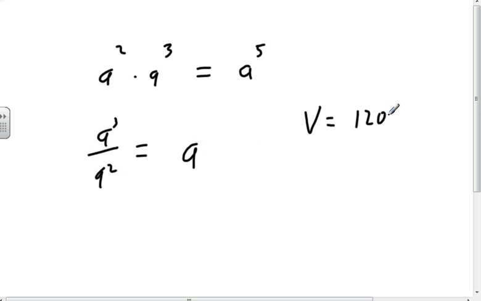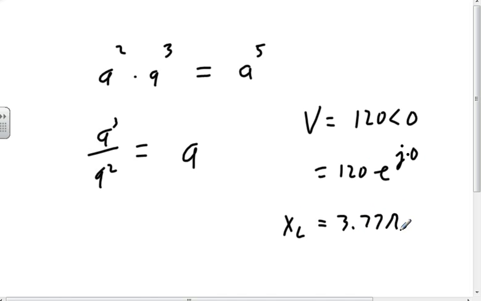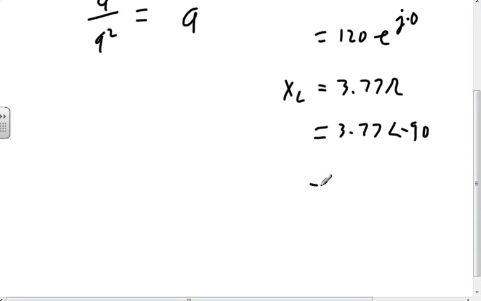So if I have some voltage that's 120 at angle 0, I can think of that as 120 e to the j 0, where e to the j is some exponent. If I have some X of L that is 3.77 ohms at angle minus 90, that's the same thing as 3.77 e to the j, and I'm going to have to put this in radians, so that would be minus pi over 2.